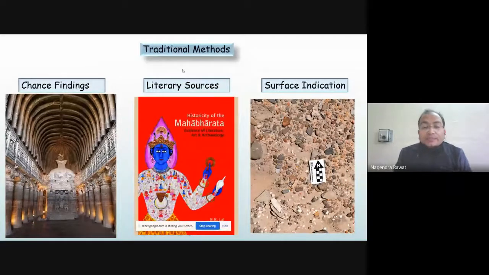method to explore a site, but at the same time we need an experienced person with us who can identify, particularly when we are exploring a prehistoric site or stone tool site. We need an understanding of natural stones and man-made stones, what are the stone tools and what is just natural stone breaking.